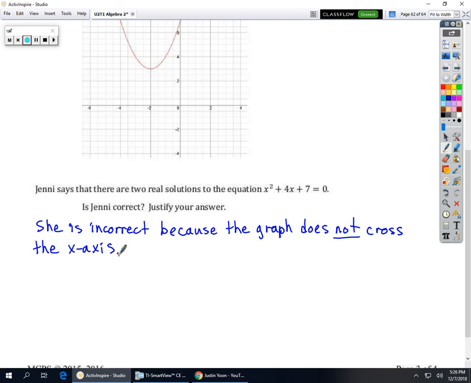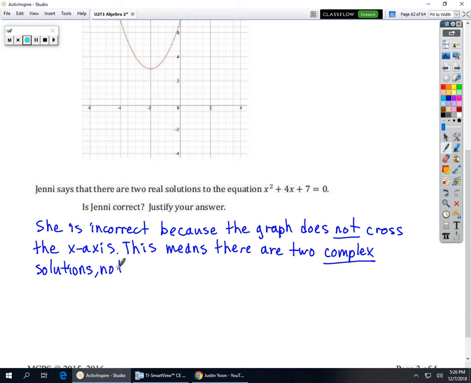It does not cross the x-axis. If it doesn't cross, this means there are two complex solutions, not real ones.